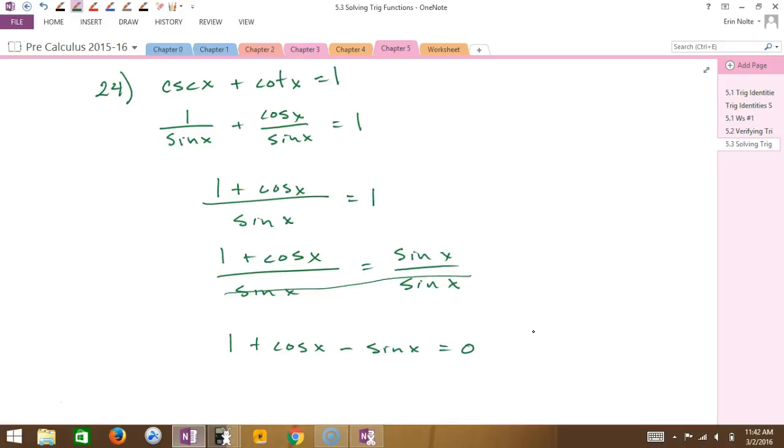No, because it's not multiplying. Those are just adding. There's a lot of different ways you could add to 0. So, let's see, what could we do? Is there a way we can use a Pythagorean identity somehow?